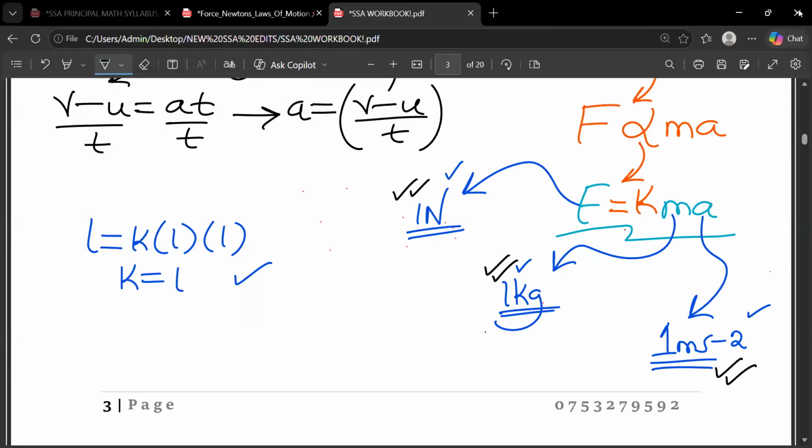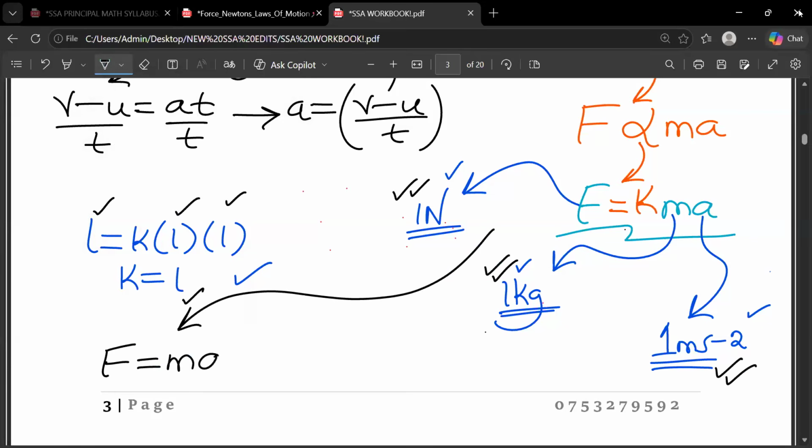Nothing much. So on substitution, guess what? We get the value of K as 1. Are we together? And hence the overall result of those two, we shall come up with the force, which shall be ma, like that. So that's how it comes about.